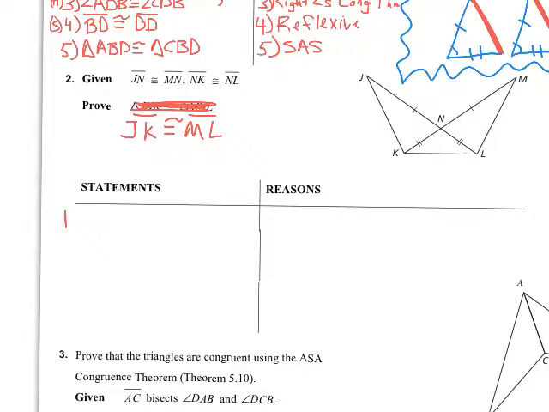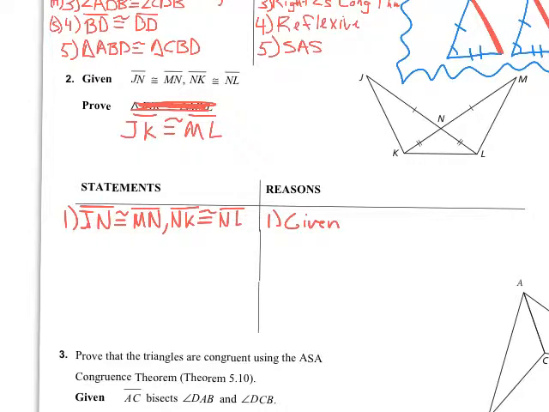Number one, we have JN is congruent to MN, and we have NK is congruent to NL. And that is my given.